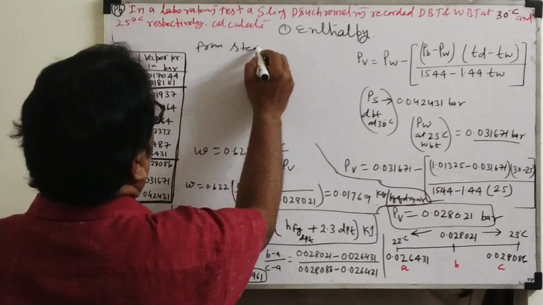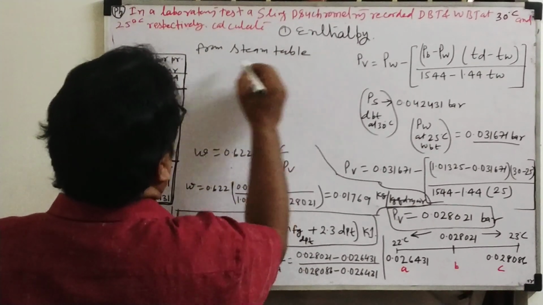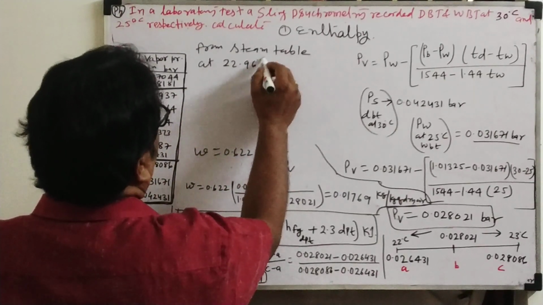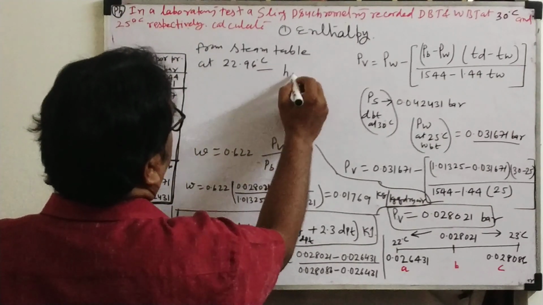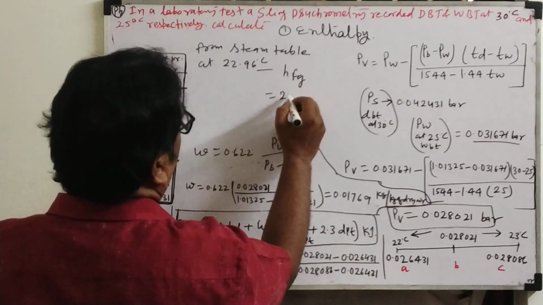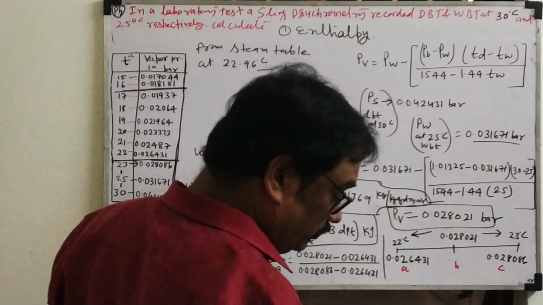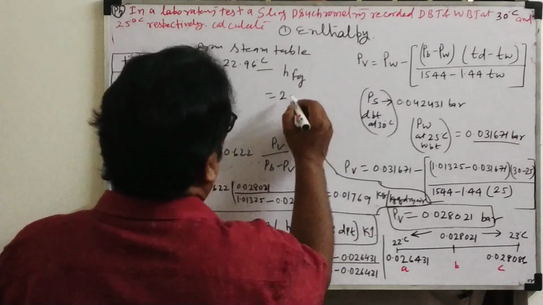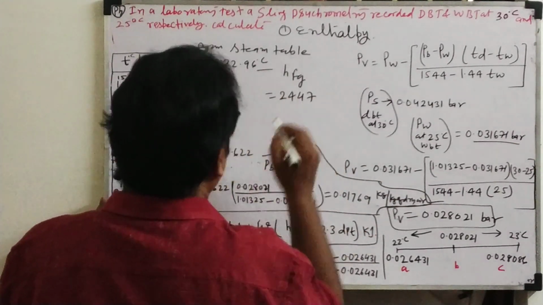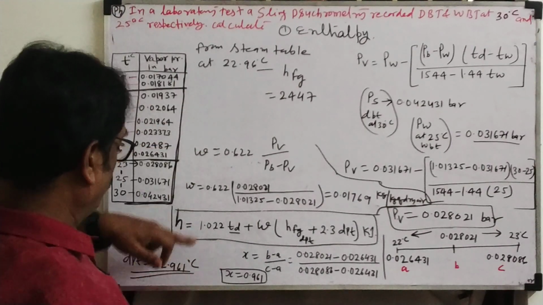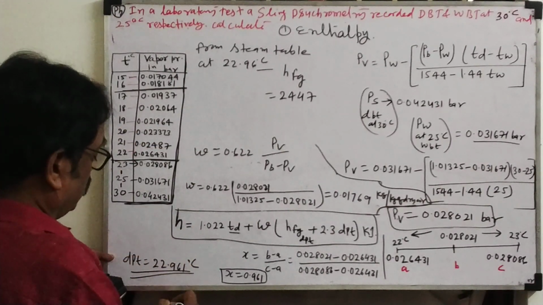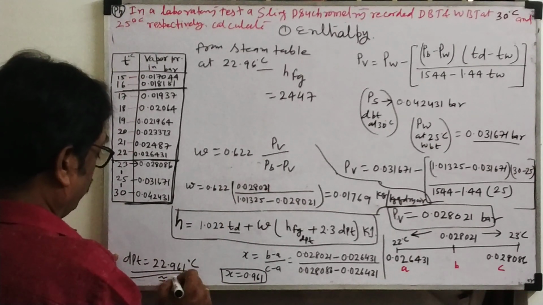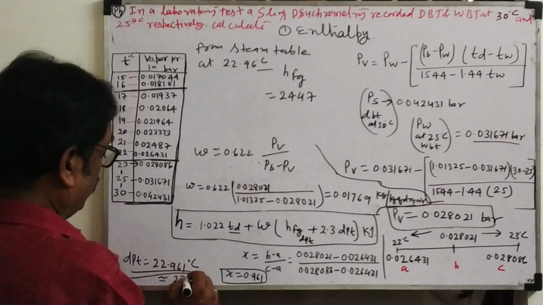From the steam table at 22.96 degrees Celsius, we will get the HFG value, which will be 2447. The steam table has values like 20, 21, 22, 23, so here we look for approximately 23 degrees Celsius.